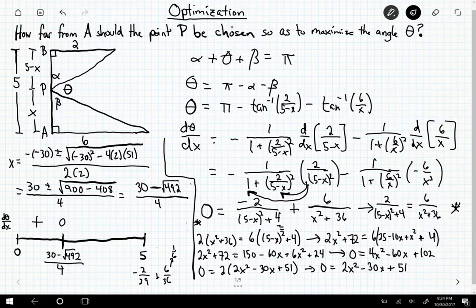Okay. For the other value, let's see if we can make this work out nicely for us. Let's plug in 5. What happens? Well, if you plug in 5, we get negative 2 over 5 minus 5, which is 0, squared plus 4. So negative 2 over 4, plus, plugging in 5 to the other one, you get 6 over... we would need this to be 12 in order for it to match.